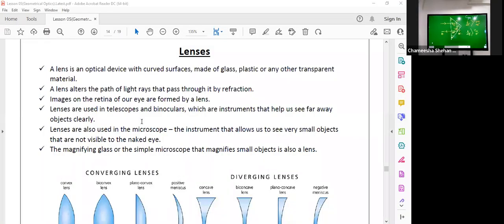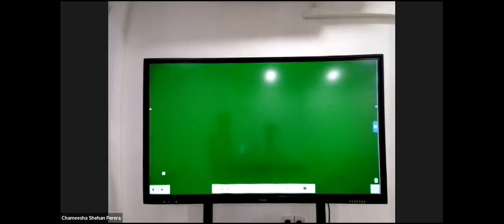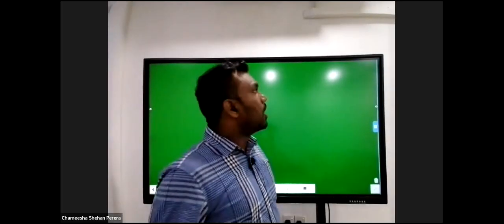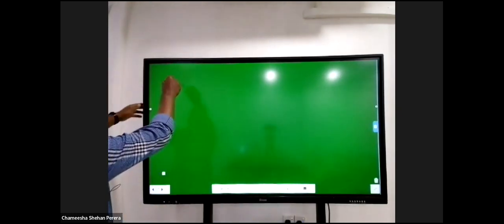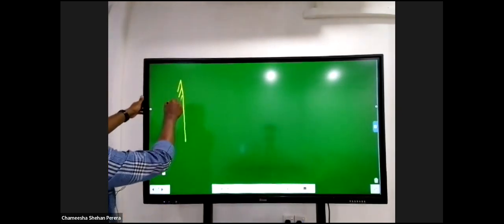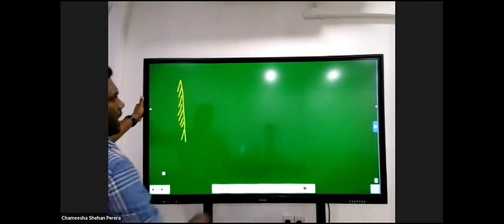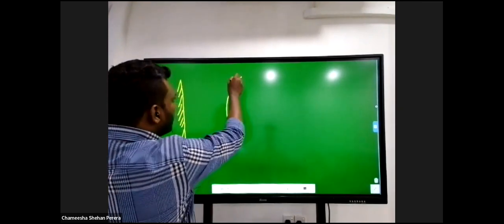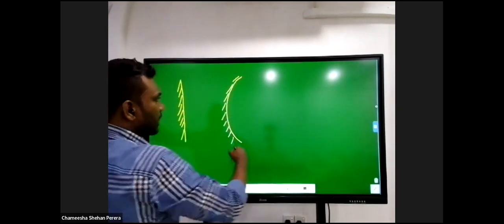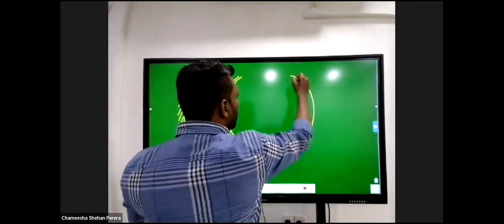Okay, so then we are trying to talk about lenses now, right? What you have to know about these lenses is that they are also optical instruments, optical equipment. So far we have discussed reflecting surfaces. We discussed one of those reflecting surfaces as a plane mirror. A plane mirror is a reflecting surface. A concave mirror is a reflecting surface. A convex mirror is a reflecting surface.